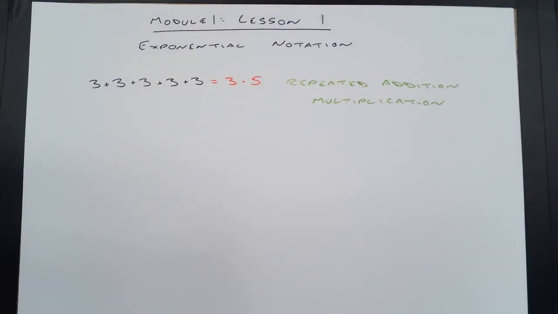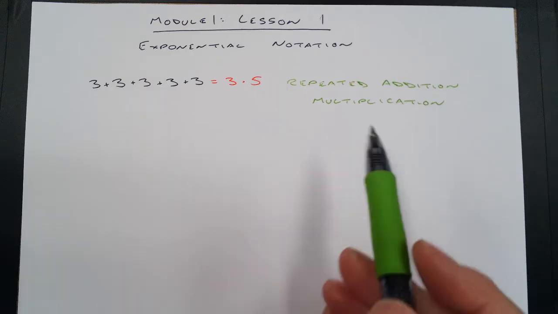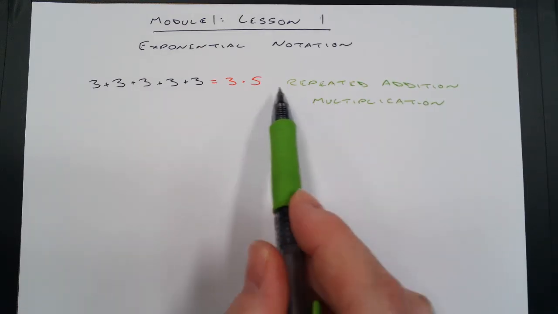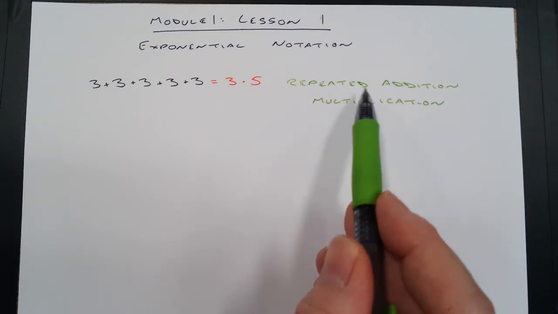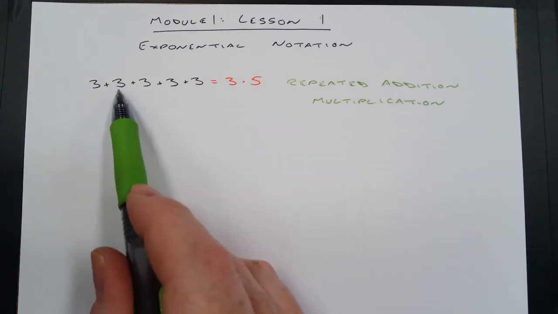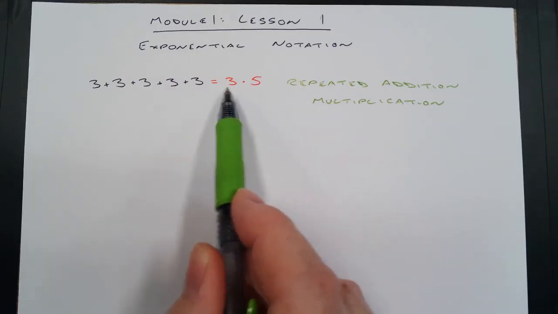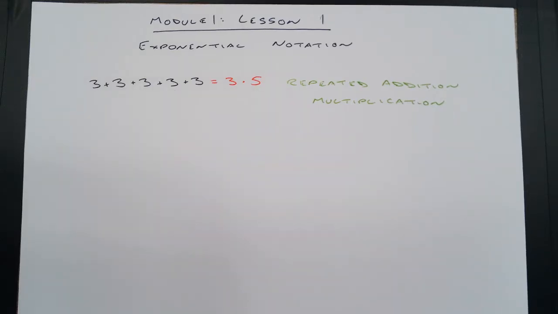Multiplication is repeated addition. They are the same thing. And you learned it back here. You might have heard multiplication is adding faster. When we have the same number added over and over, multiplication makes it faster to solve.